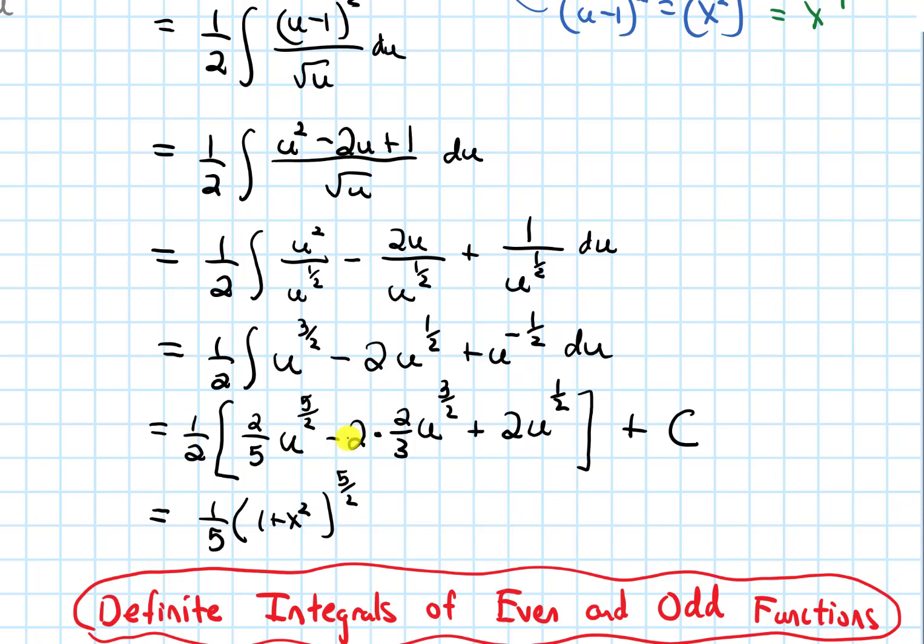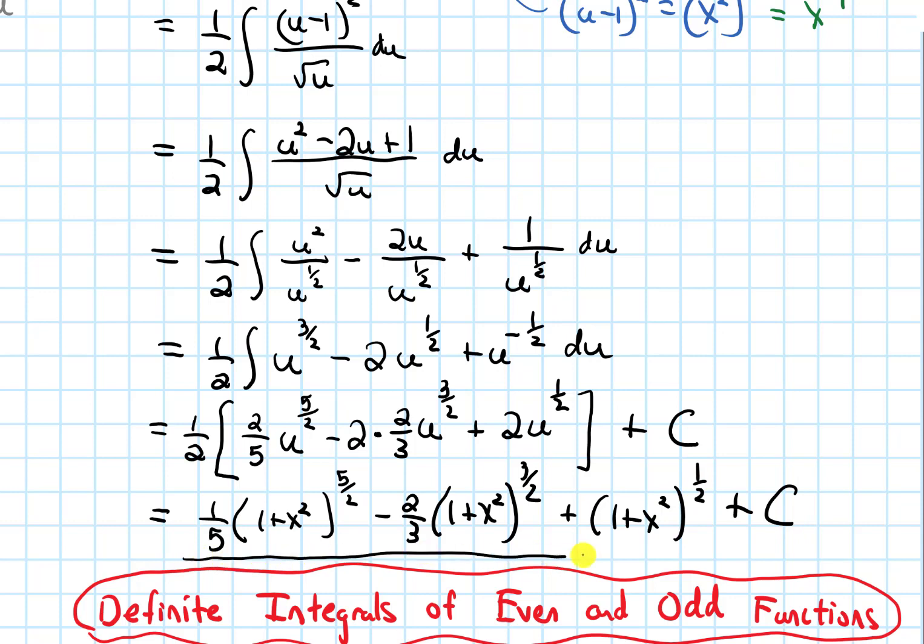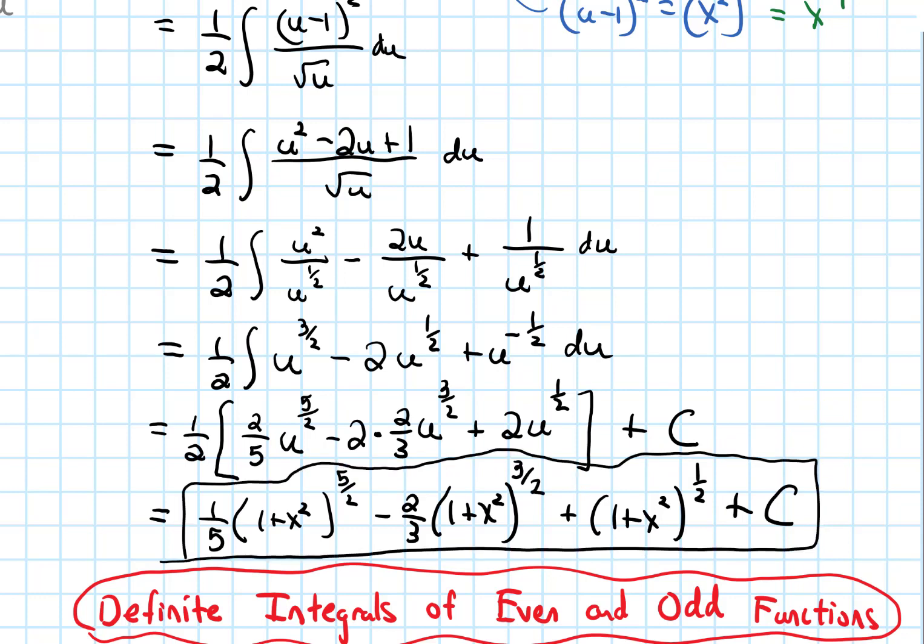Distributing it to the next term, it'll cancel this 2 and leave me with minus 2/3 times 1 plus x squared to the 3/2. And distributing it to the last term, it'll cancel that 2 and give me plus u to the 1/2, which becomes 1 plus x squared to the 1/2. And then we've got that plus C. And that is our answer. Let me write that better. All righty, so that is our answer.